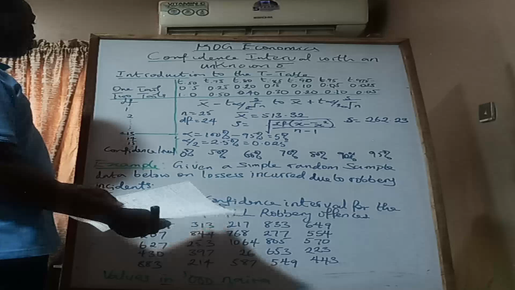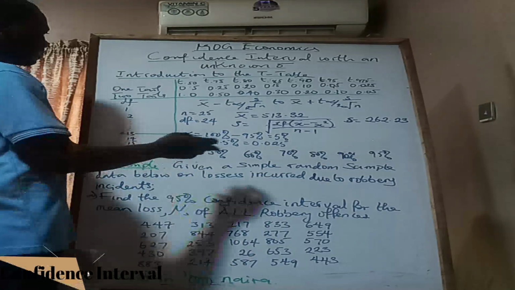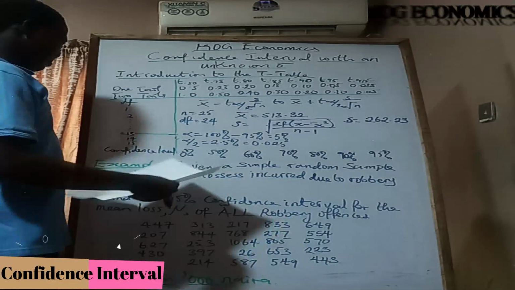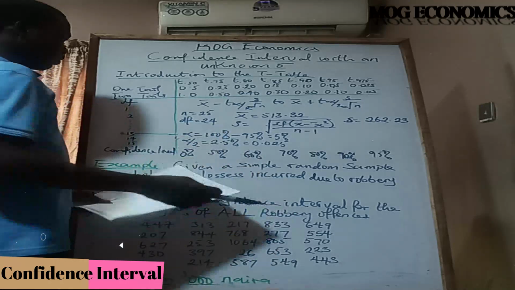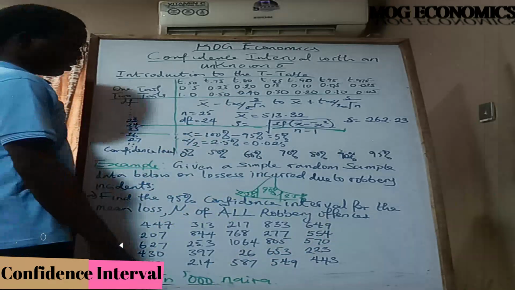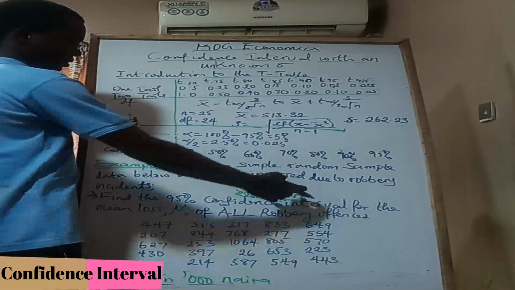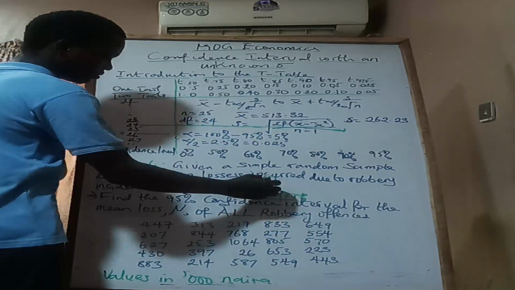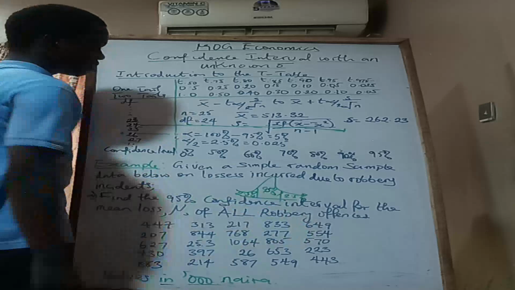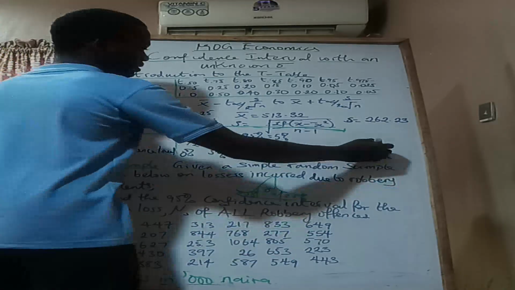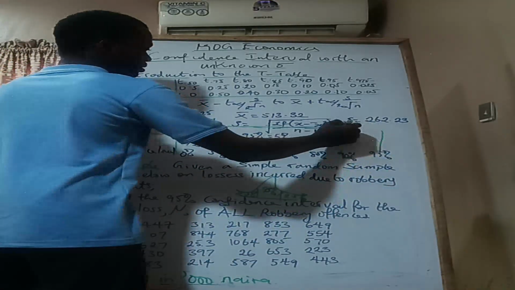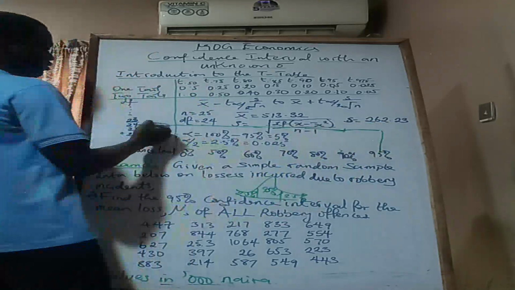So we have to just go and look for the t value, that's what we did the other time. A t value corresponding to 0.025. It's meant to be 95%. So I just trace out 95% and join it with degree of freedom of 24.